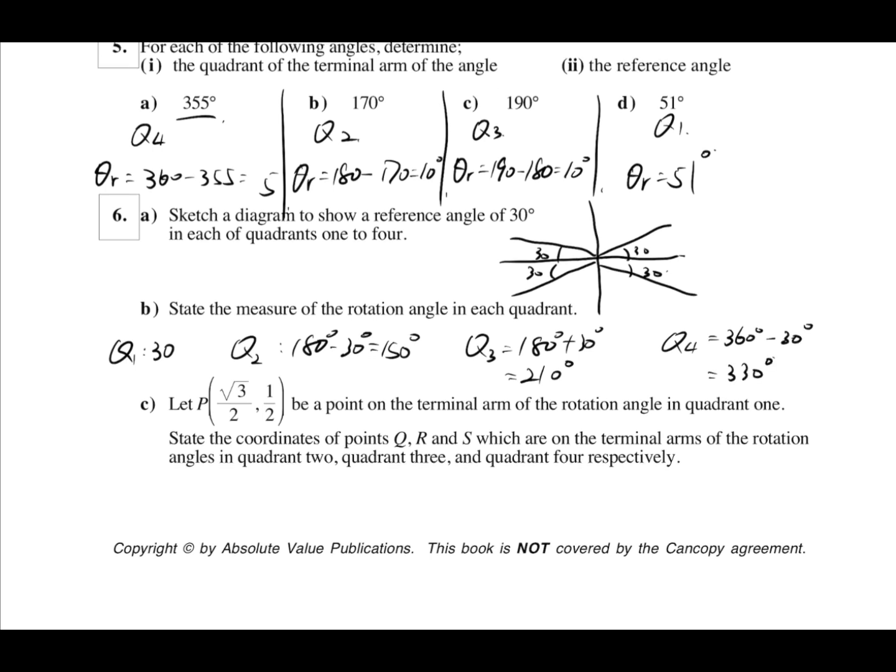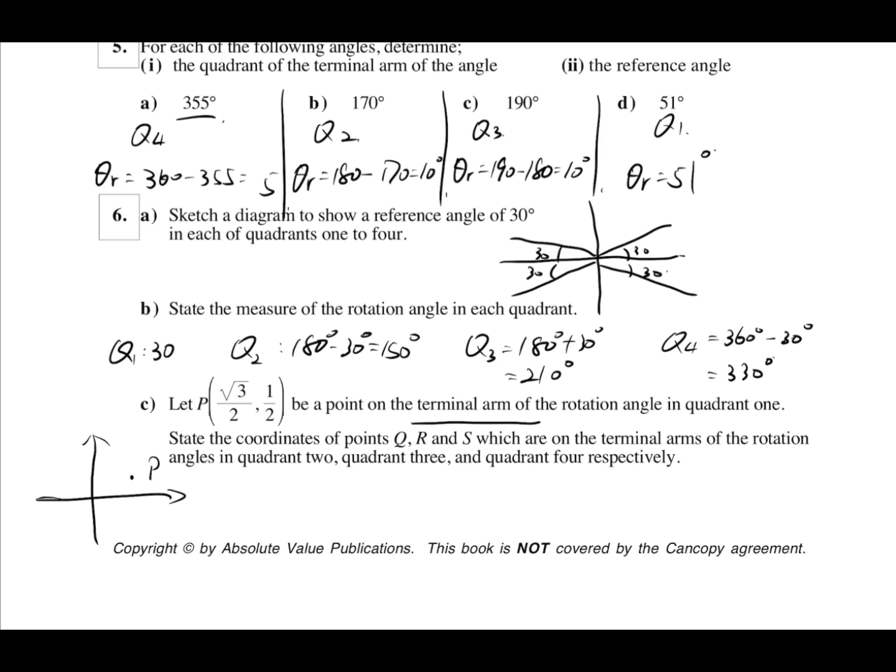And let P be a point on the terminal arm of the rotation angle in quadrant 1. Okay, so let's do it, and it's here for P. State the coordinates of the points Q, R, S, which are terminal arms of the rotation angle in quadrants 2, 3, and 4 respectively.